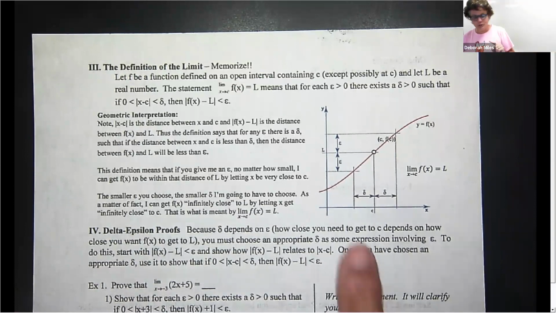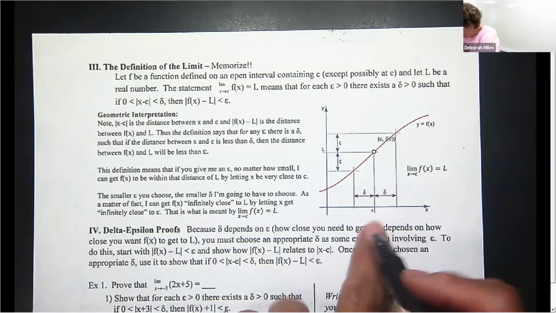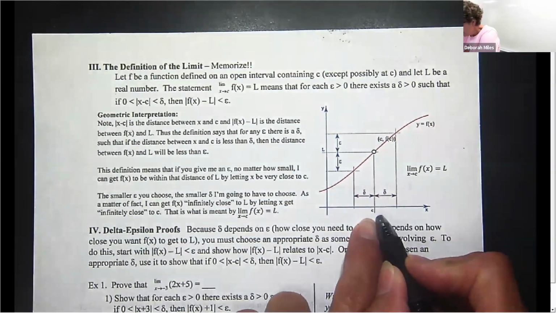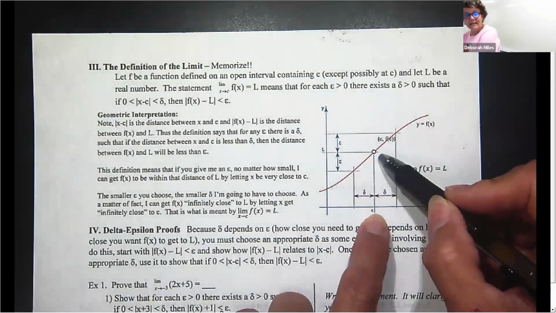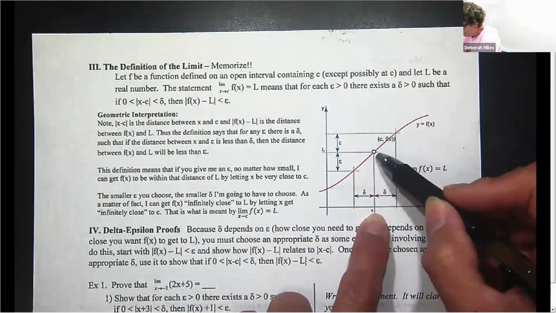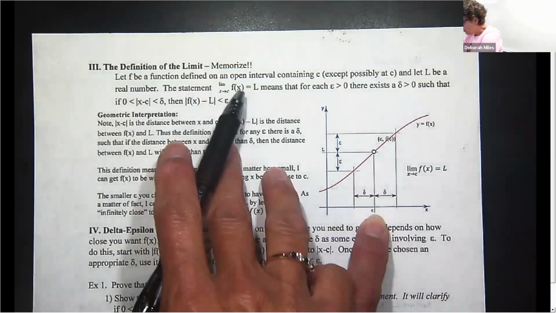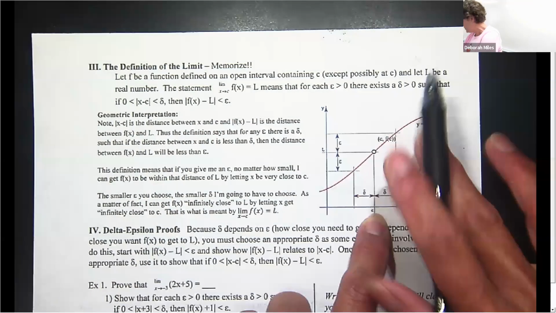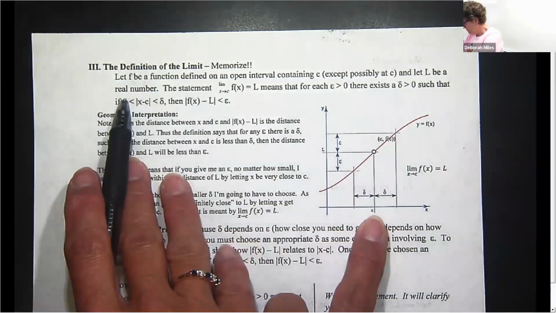Let f be a function defined on an open interval containing some x value of c, then except for possibly at c. We said a hole in the graph doesn't affect the limit. So there could be a hole in the graph at c, but other than that, f has to be defined on some open interval containing c. And let L be a real number.